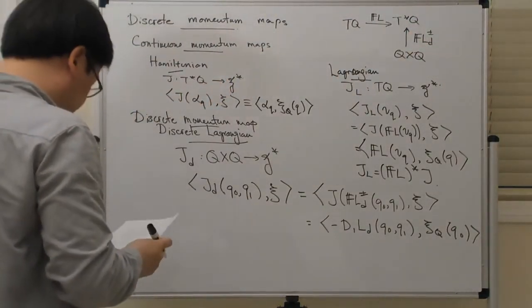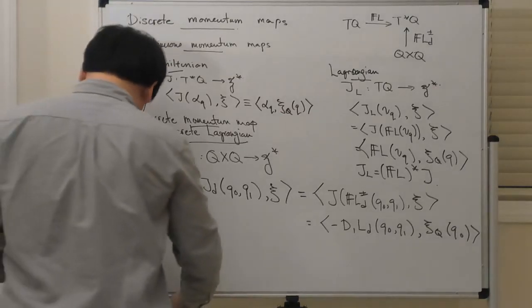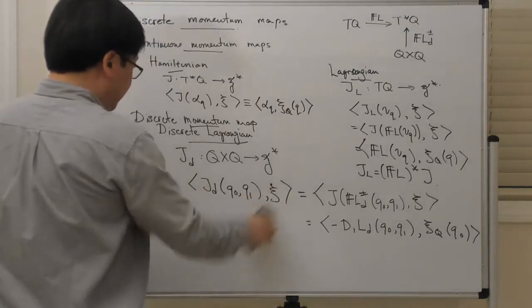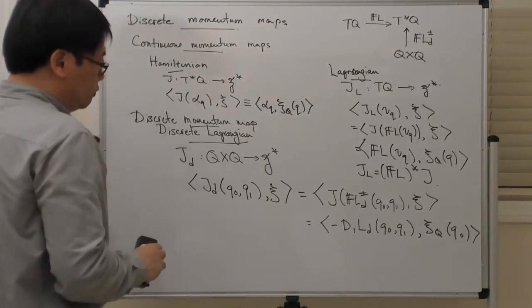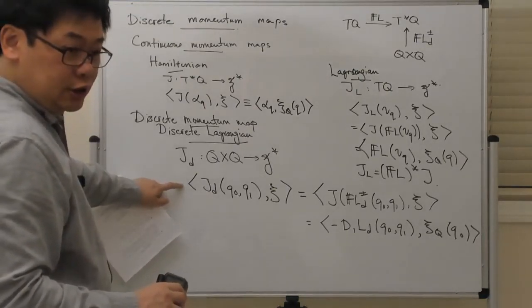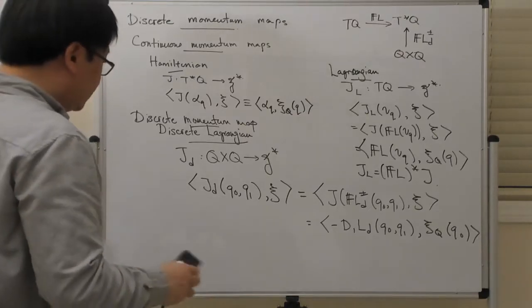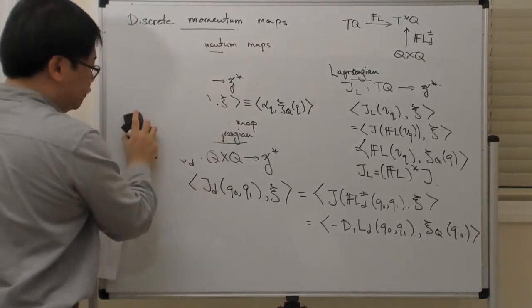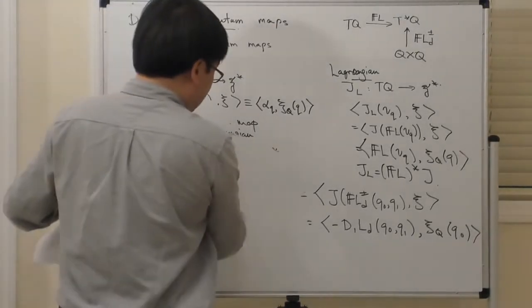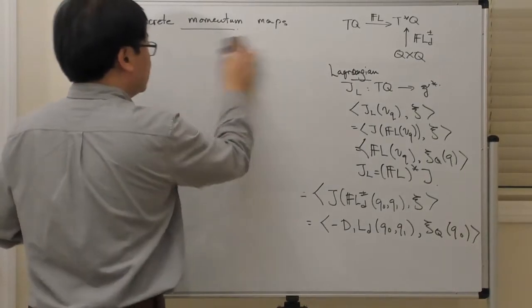Okay, so now let's try to prove that this thing is preserved, at least if you have a discrete Lagrangian which is group invariant in some way. So this is basically the content of a discrete Noether theorem.